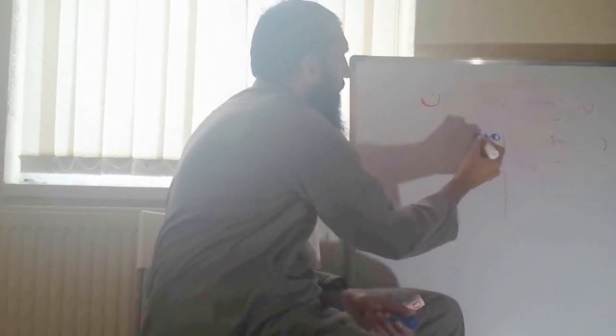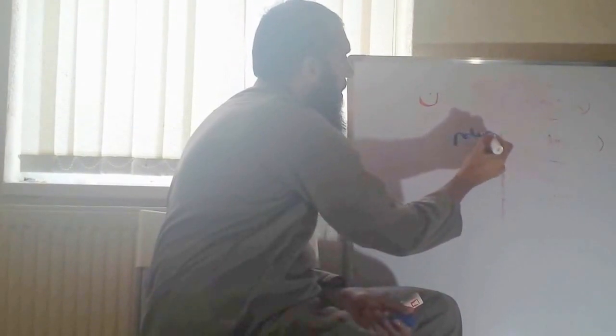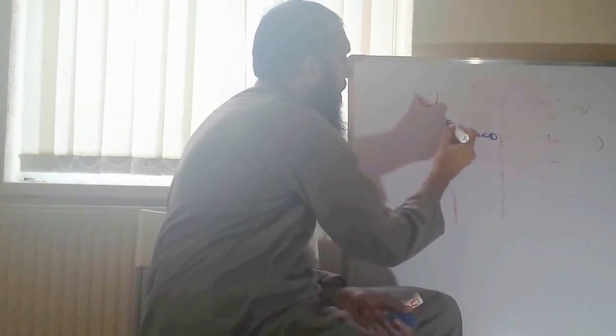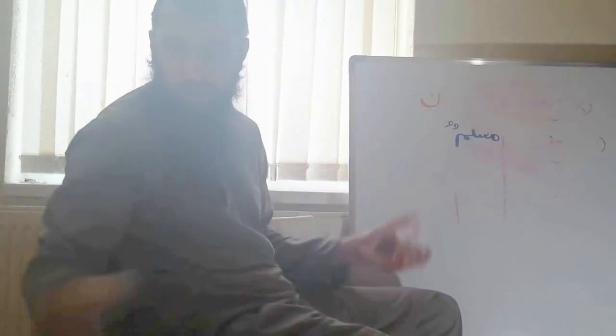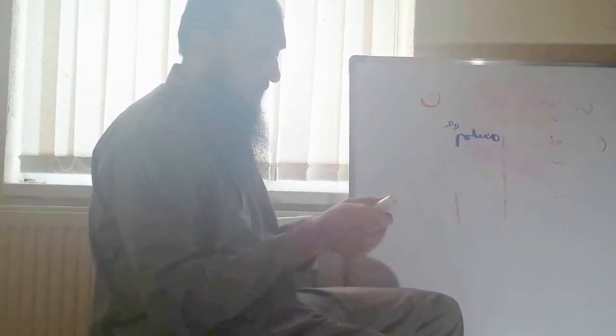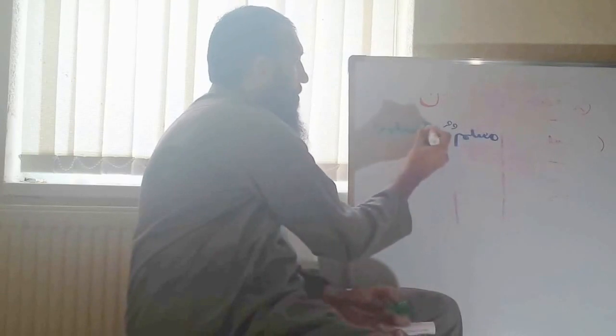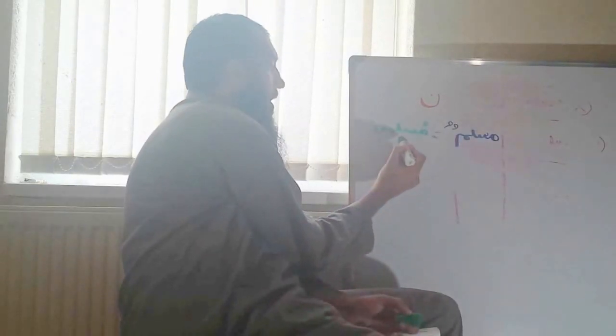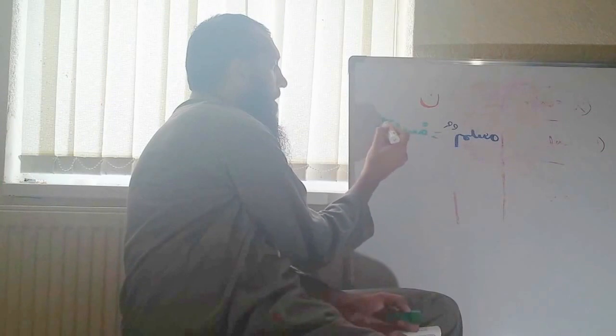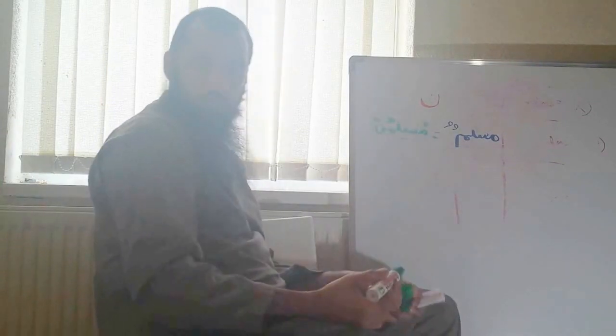So, for example, muslimun. This is heavy. Why? Because it's got a noon at the end. Remember, we write it like that, but in terms of pronunciation, these two are the same. So if I wrote it like this, muslimun, that and that are exactly the same in terms of pronunciation.